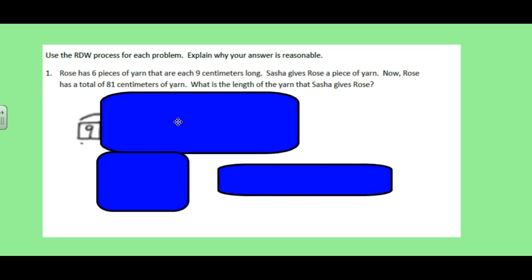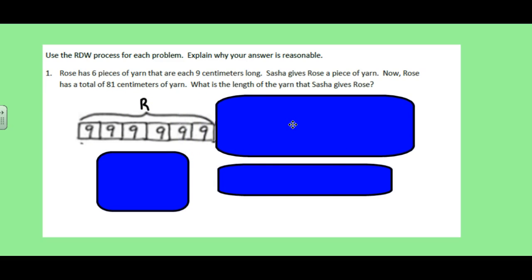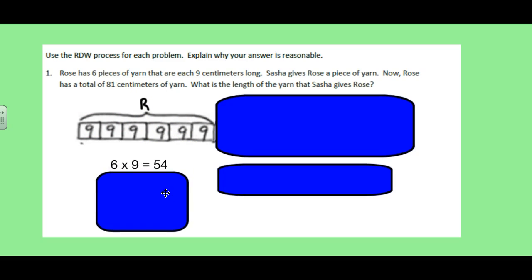So what I was looking for was this for Rose, because I've got 6 sections on the tape diagram, and each one is 9 centimeters long. And I just put R up here at the top because this stands for Rose's yarn. So the equation I was looking for was 6 times 9 is 54 because I have 6 groups and there's 9 in each group. So that tells me that Rose's pieces of yarn are 54 centimeters long.